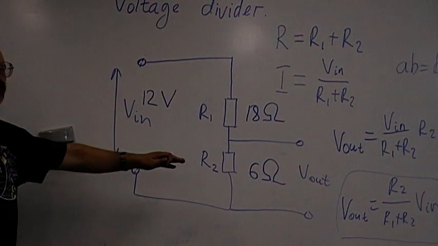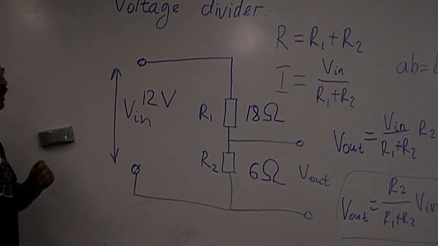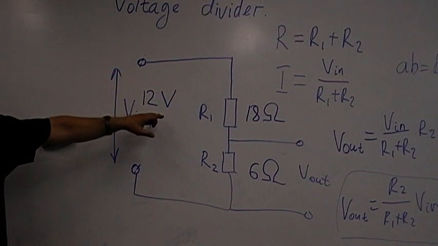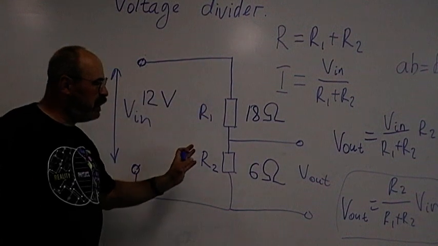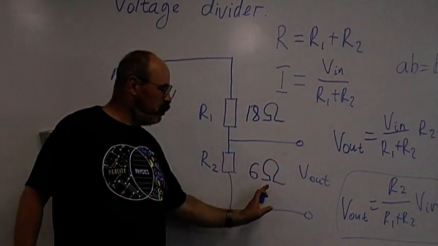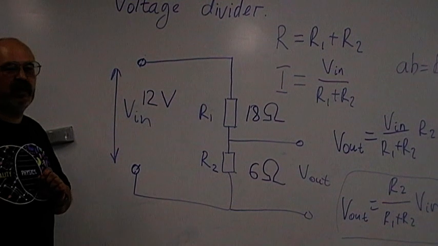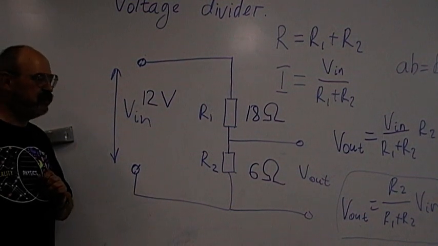Let's find out what the voltage out will be. So we supply 12 volts across these two resistors, and you take voltage output from the 6 ohm resistor.